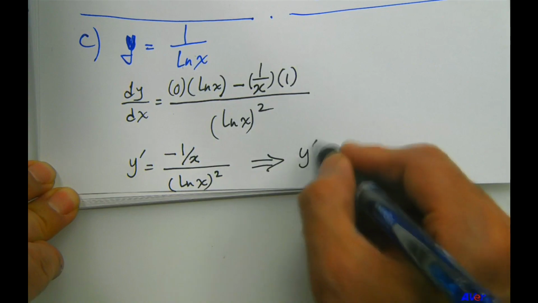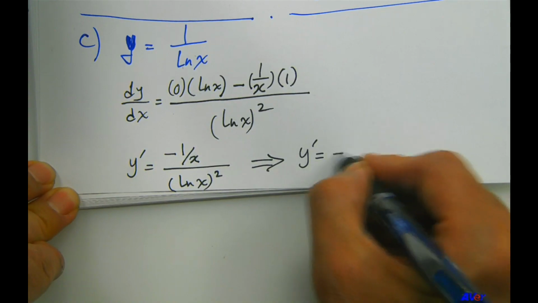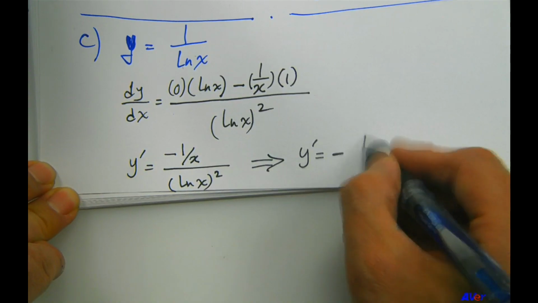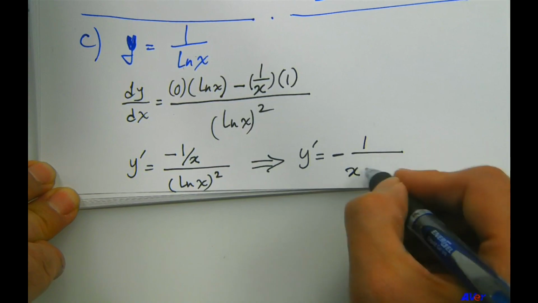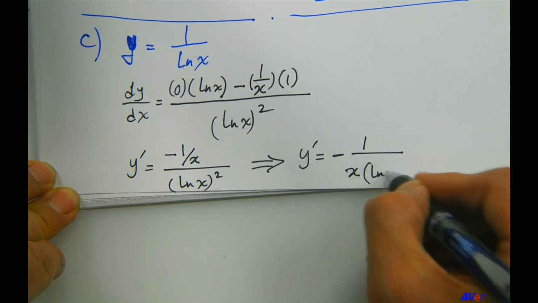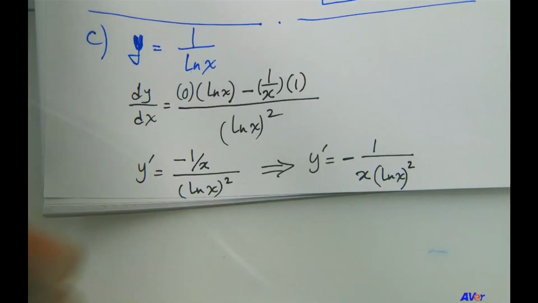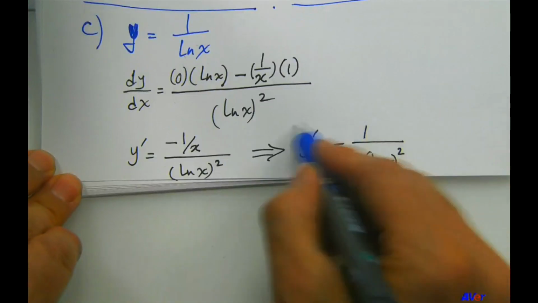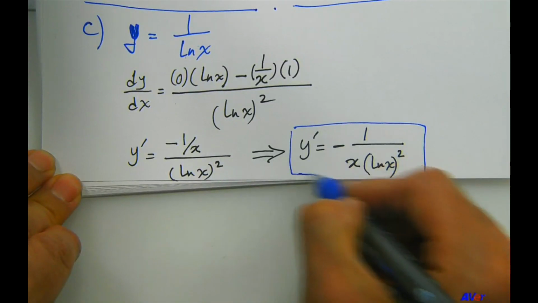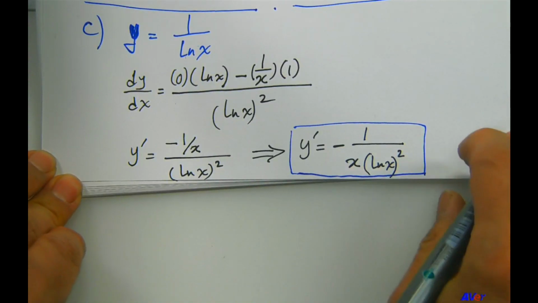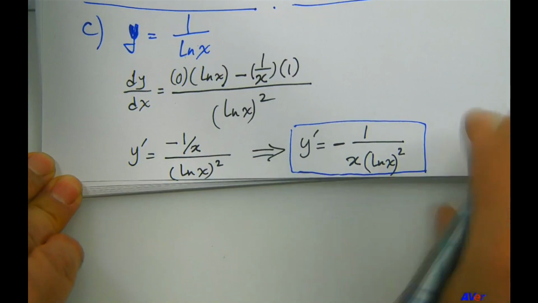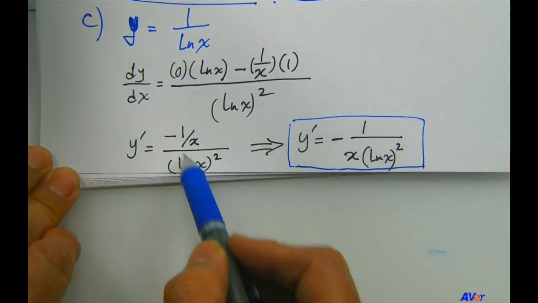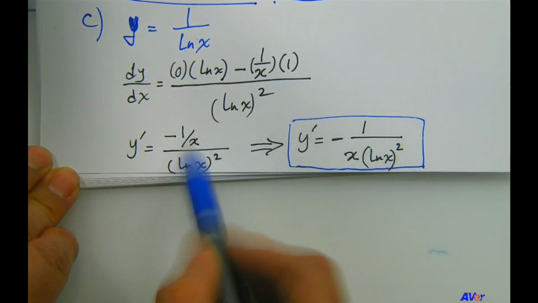So we write y prime is equal to minus 1 over x times natural log of x squared.